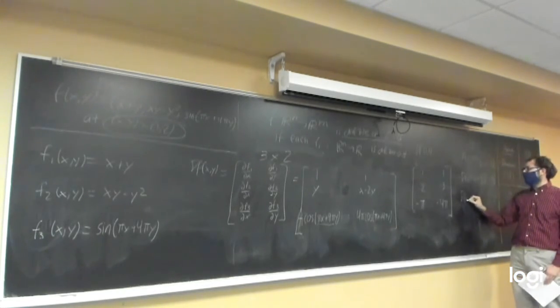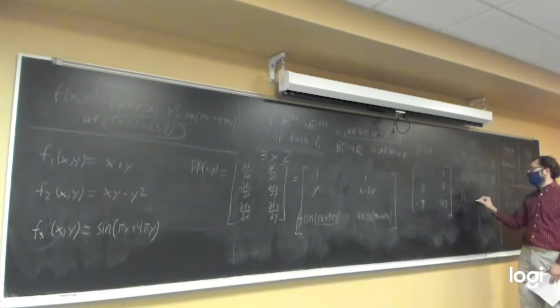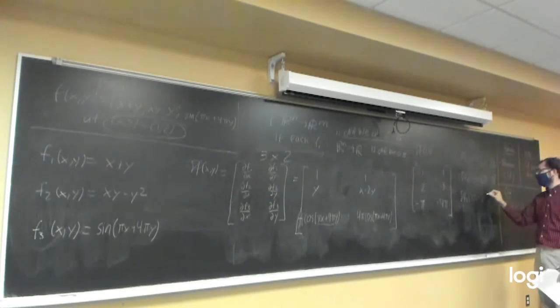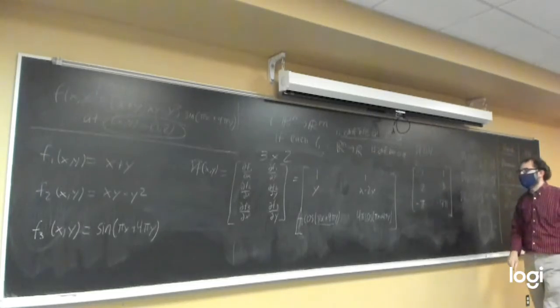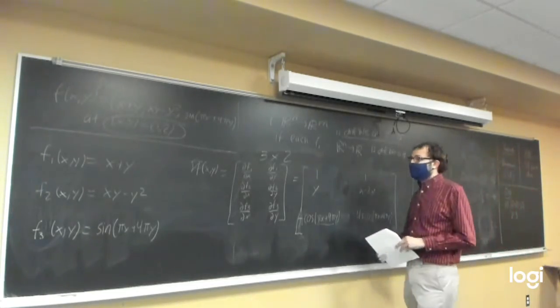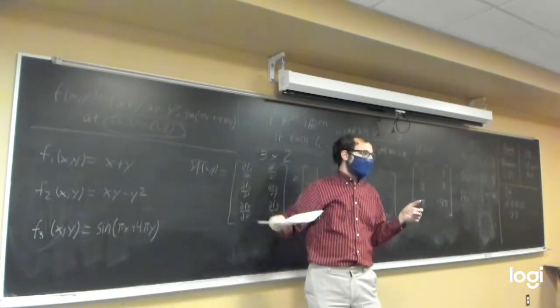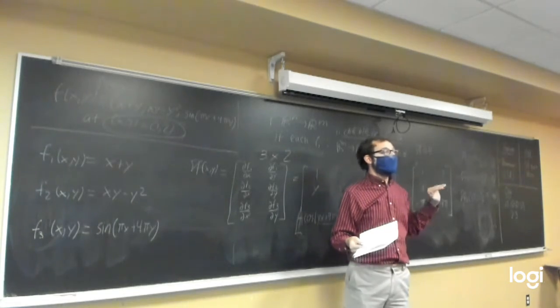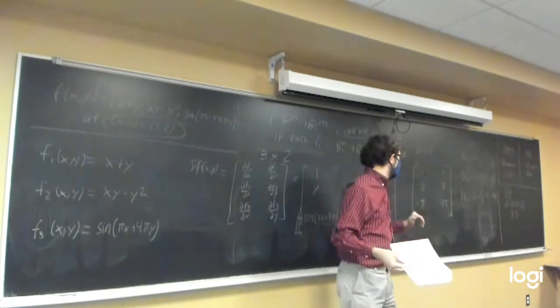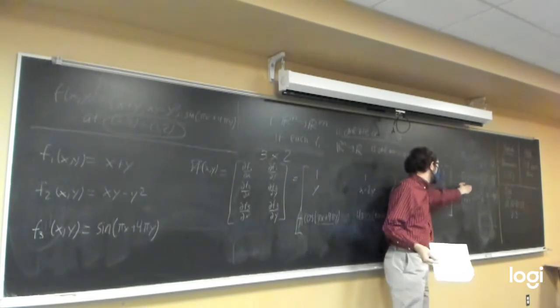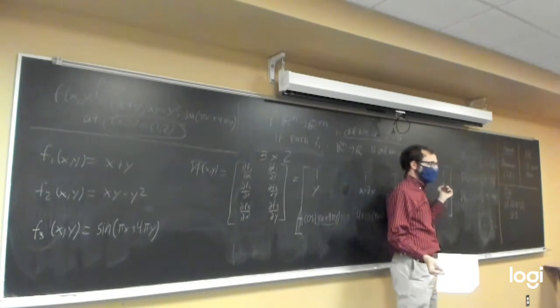The derivative of f3 evaluated at 1, 2 is the matrix negative pi, negative 4 pi. So ultimately, when we've taken the derivative of this function as a whole, we've just taken the derivative of each of its component functions and combined the derivative of each component function into a single matrix.